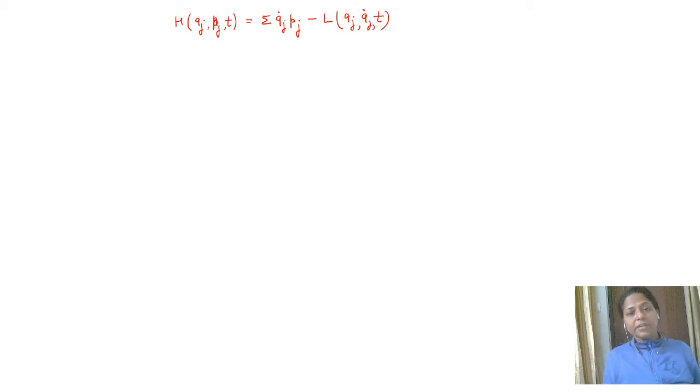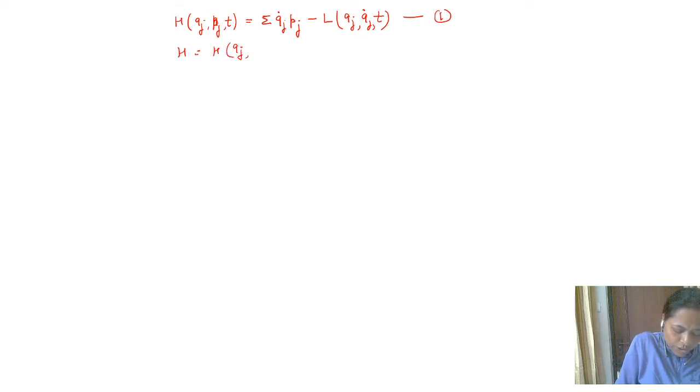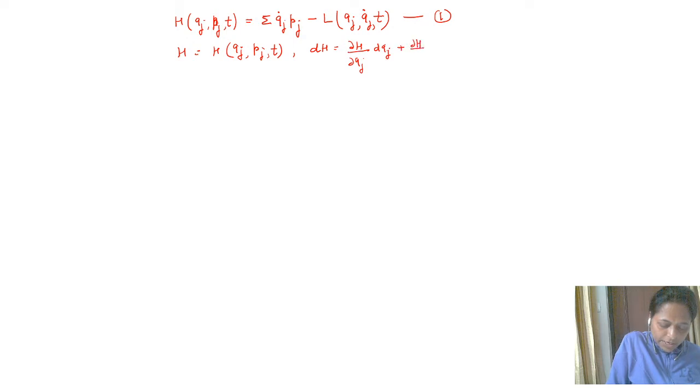Naturally, H is defined in the phase space and L is defined in the configuration space. So H is a function of Qj, Pj and time. So you may write the derivative of H, that is dH, as delta H delta Qj dQj plus delta H delta Pj dPj plus delta H delta T dt.